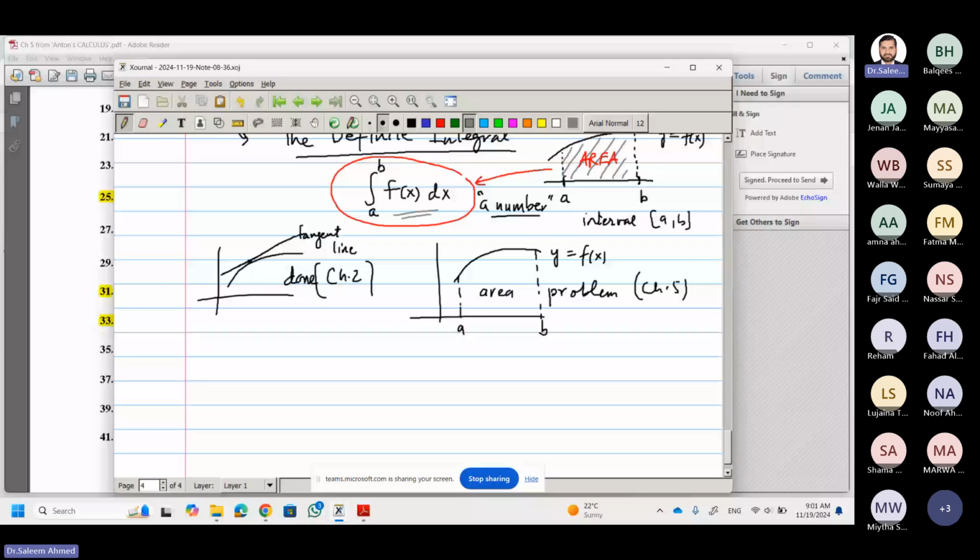The idea is we divide our interval into many sub-intervals like that, let's say, and we draw lines like that. And now at the top of each interval, we replace this curve by a straight line like that.